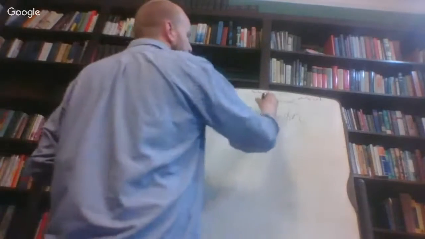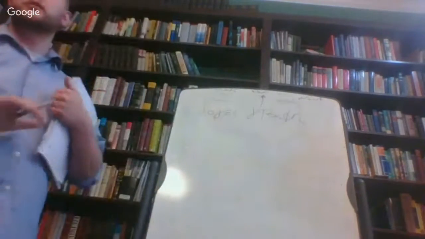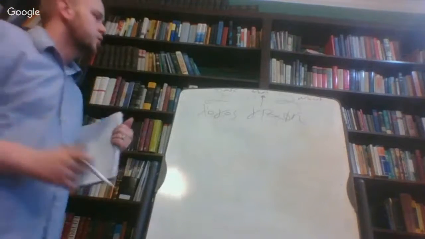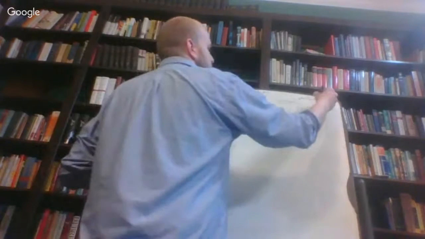So graphe will always, in the noun form, be feminine. It's never going to be masculine, never going to be neuter. So graphe will not be masculine, and it will not be neuter. Graphe is always going to be feminine. How do you know? Why is that? Do you just have to memorize which ones are which? Mm-hmm. And I'm going to give you some tools here shortly to be able to determine the difference between the genders, or the nouns.